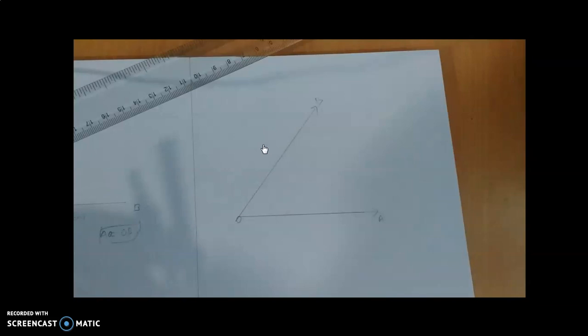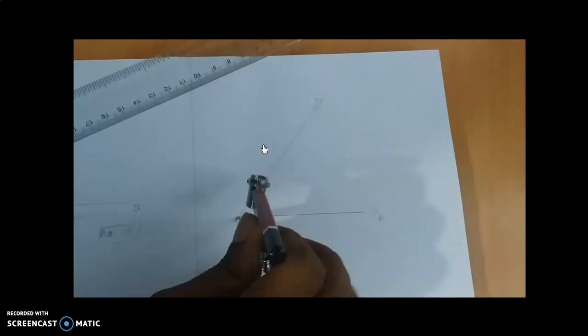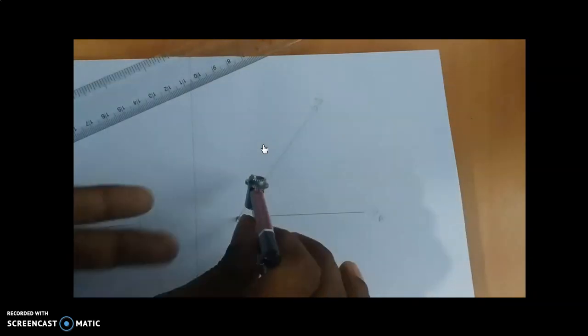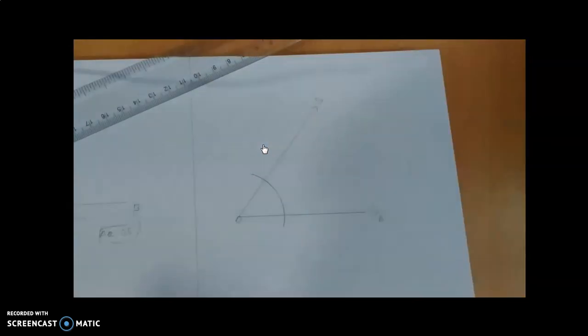First keep our compass here, and take any radius. Draw one arc, like this. For this you need no particular measurement; just take any other measurement in your compass, then make this the center and draw one arc, right?